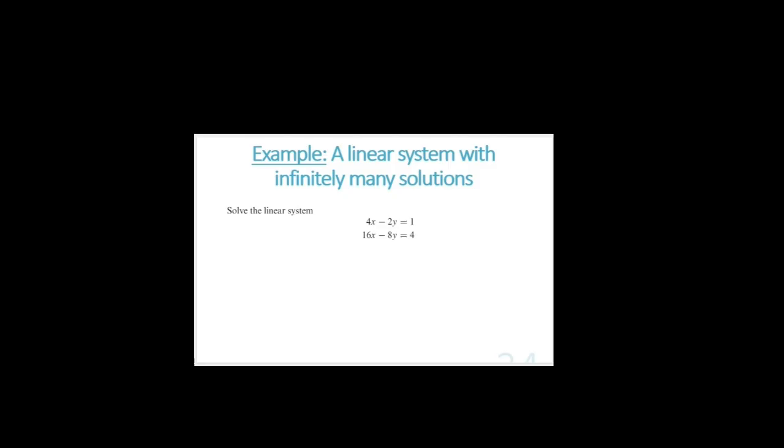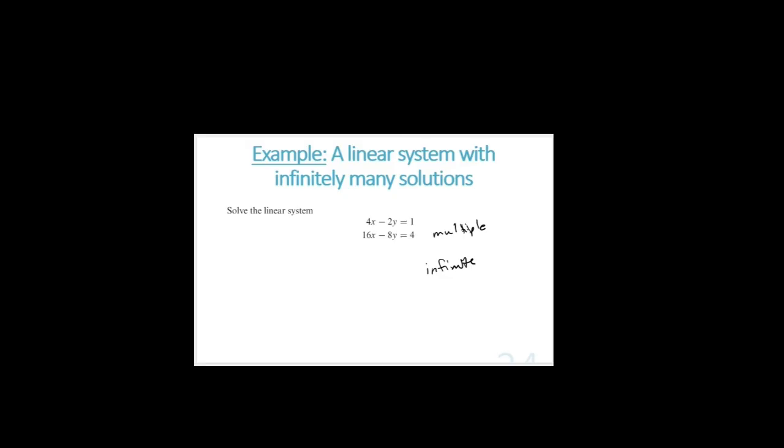One is just a multiple of the other, so it's not really going to matter. In this case, your second equation is a multiple of the first. Whatever you plug in for x and y is going to be true for that second one. So in this case, you're going to have an infinite number of solutions. Now, if you want to, you can go ahead and do the math.